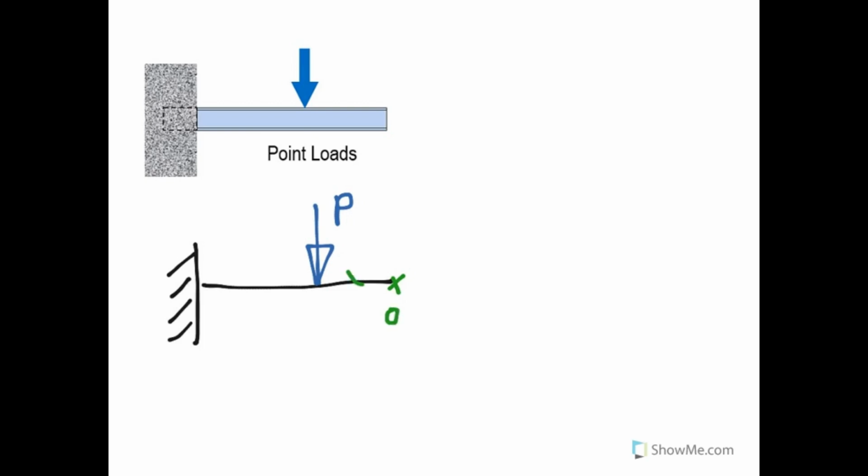We know that the moment part way along is also 0 because to the right of that there aren't any forces acting in that zone. And then we come to the point where the point load is. Now a moment is a force times by a distance, so the force by that point load is P, but the distance from that point in question is 0, so we therefore know that we've got a bending moment there of 0.